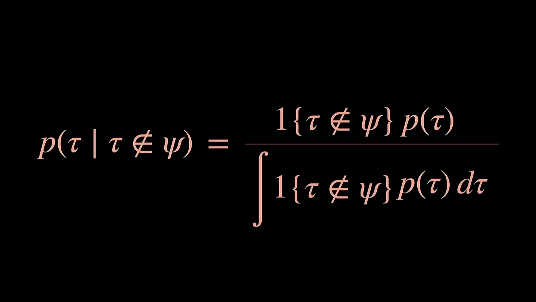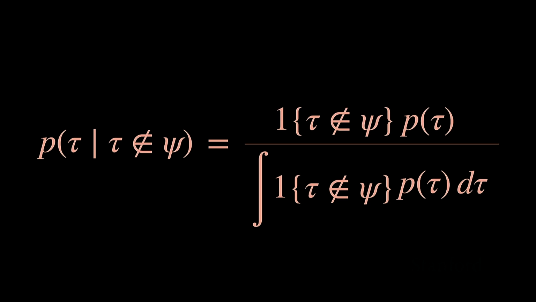It turns out that we can write this distribution out like this. We can expand it out. Let's focus on the numerator really quick. This 1 with the curly brackets is the notation we use in this course for the indicator function. All this function does is say that if tau not in psi, so if tau is a failure, the function returns the value of 1.